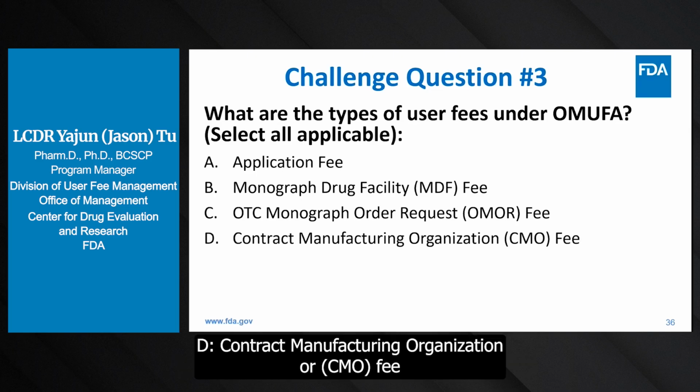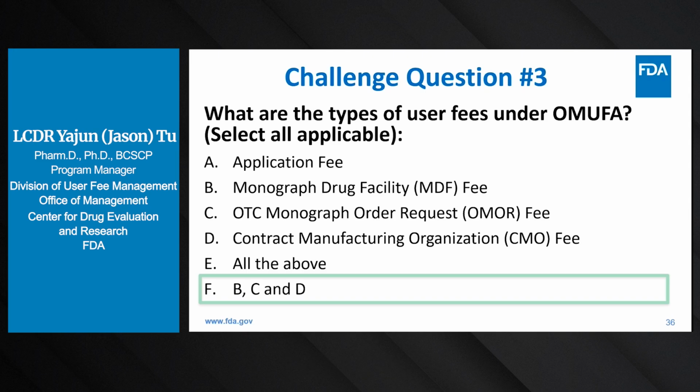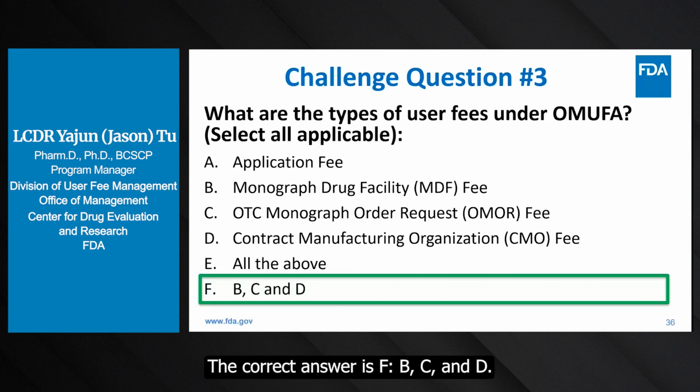D. Contract manufacturing organization or CMO fee. E. All the above. F. B, C, and D. The correct answer is F, B, C, and D. So the types of user fees under OMUFA are MDF fee, OMOR fee, and CMO fee.